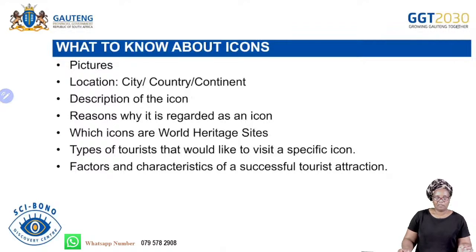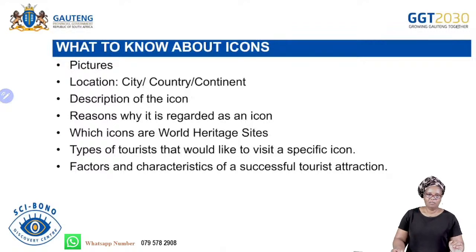And on top of that, for each icon, you have to identify the type of tourists who will visit these attractions. We have done the different types of tourists when you were doing grade 10. Last week you talked about the different types of tourists who will visit this.